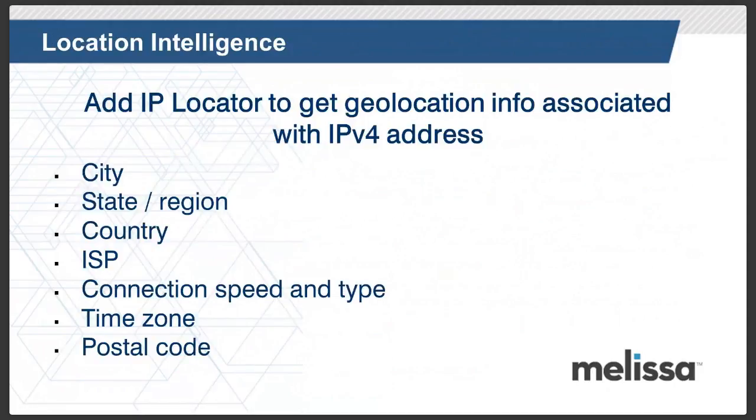For example, if you have a website and you're collecting IP addresses of your clients, one of the things you could do is use IP Locator to get some geography information based on that IP address.